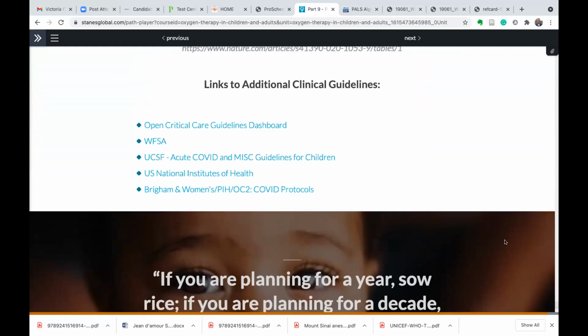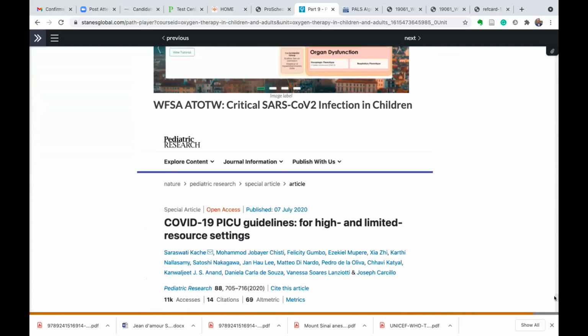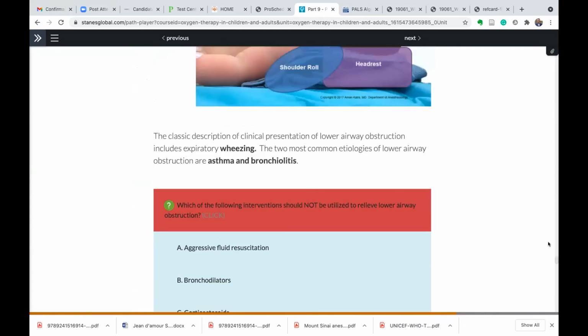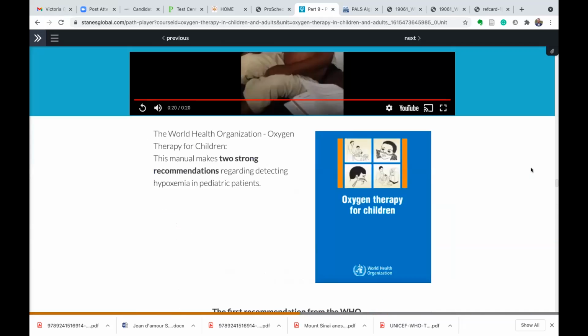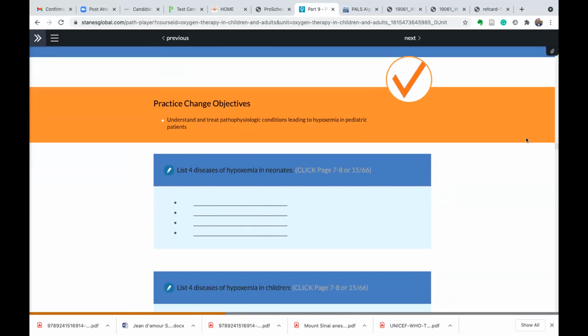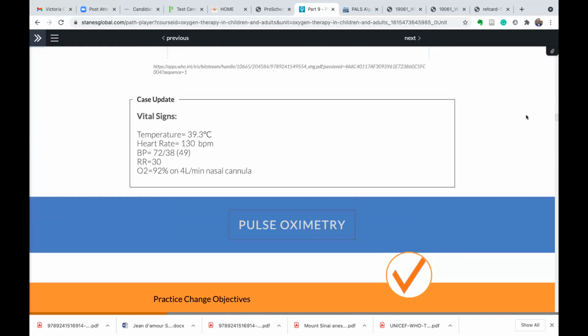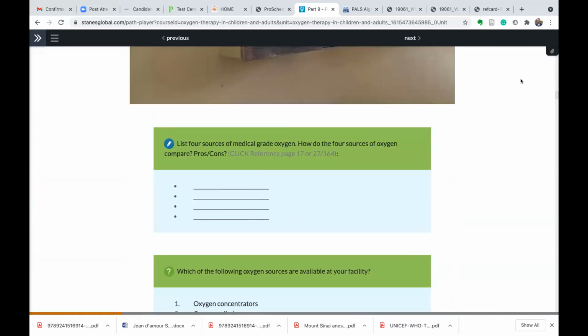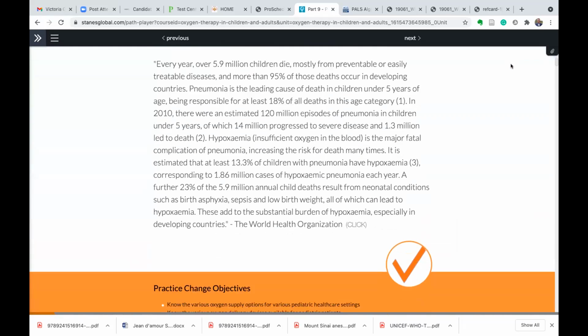So that brings us to the end of the session for today. We can review our objectives and see if we have achieved them. And we'll answer a few questions before the end.